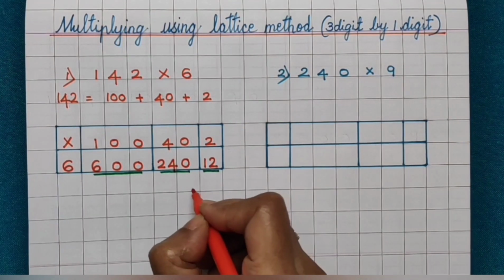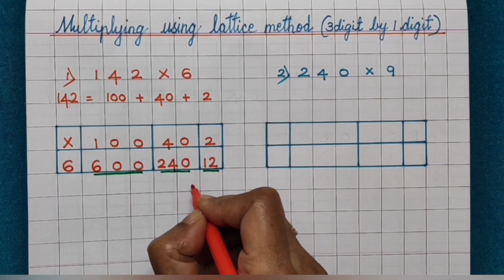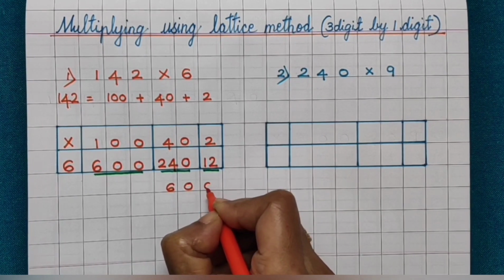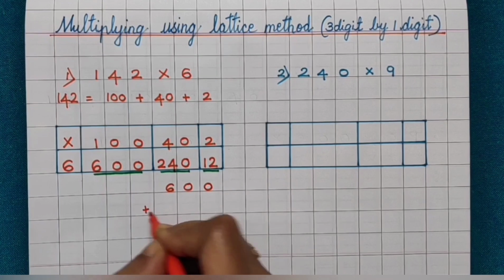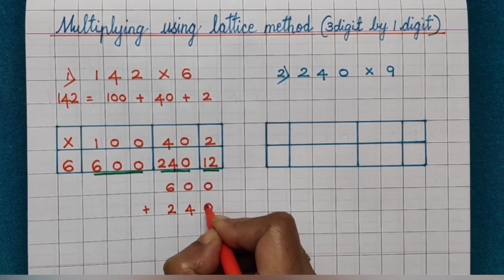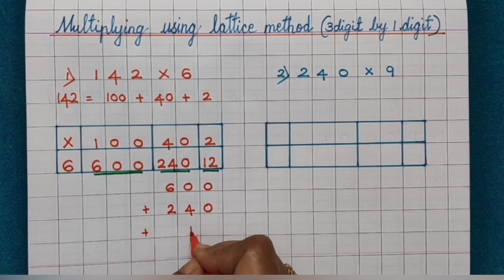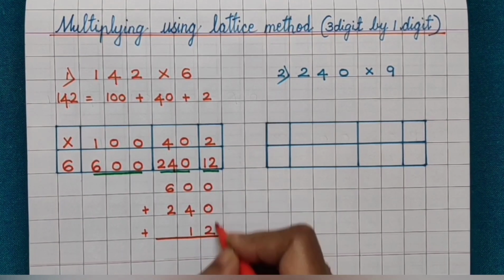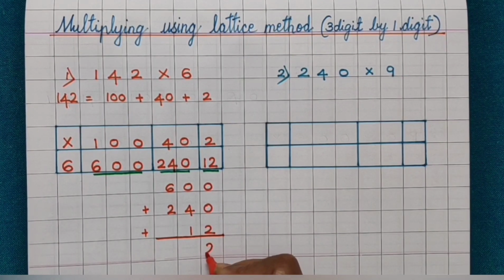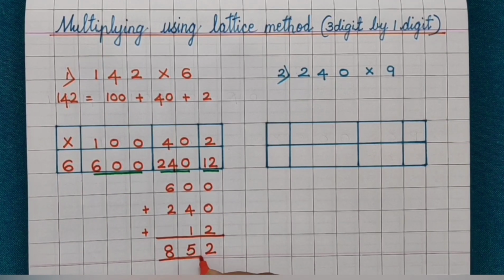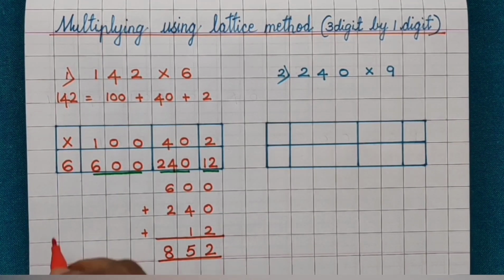So let's add them. 600 plus 240 plus 12. Let's add them. 2, 4 plus 1 is 5 and 6 plus 2 is 8. So the answer is 852.